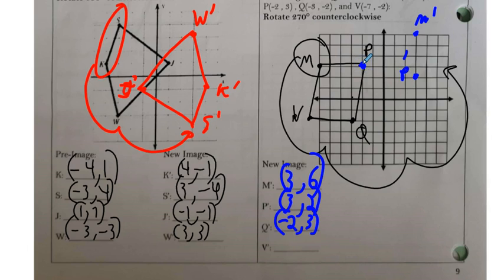So P is actually going to become also Q prime. And last, V. The negative 7 is going to become 7 here. The negative 2 just moves over here like so. Negative 2, 7 is going to be up here, and that's going to be V prime. And there we go. It has been moved.